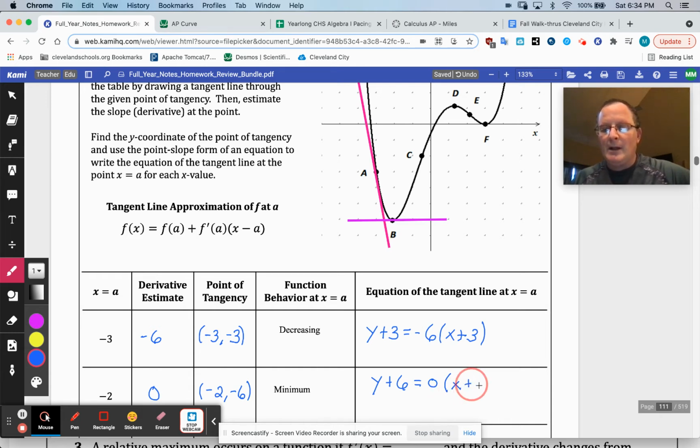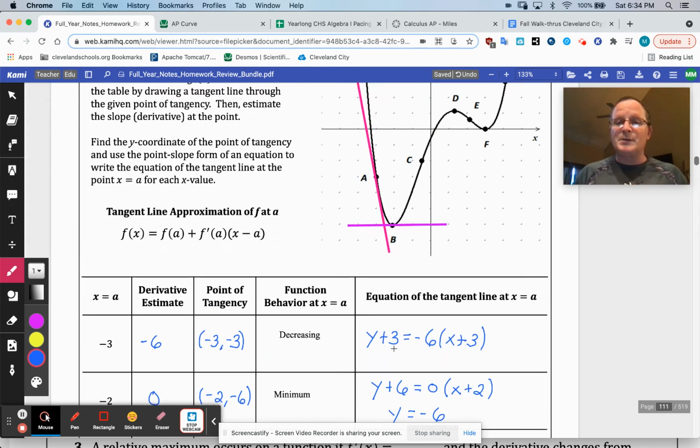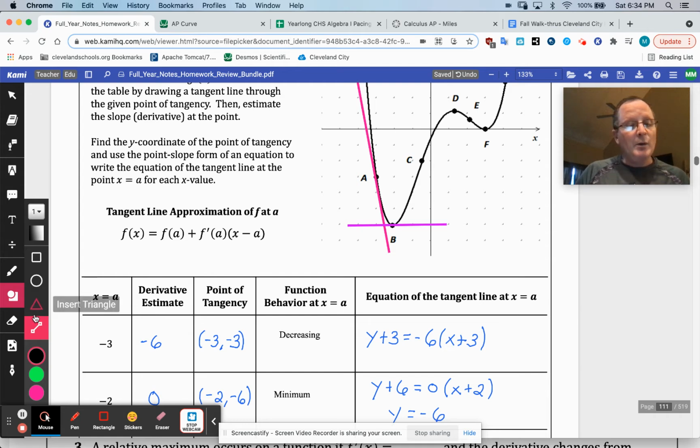But as you know, that is just a horizontal line, and so it's going to actually just be the equation y equals -6. Okay, move on to the next one. At this rate, this is going to take 500 years because of the lag, but we'll just keep on keeping on. So here we go. So now insert a line. It's going to be better than me drawing it, I'll tell you that much. Let's just try to make this look good as best we can.